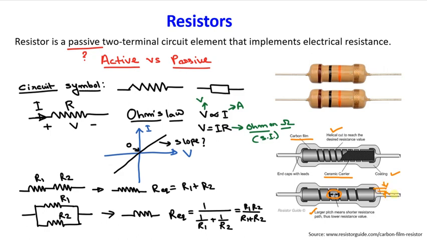Not only this pitch width, but also the thickness of this carbon film and its composition will also determine the value of resistance of this resistor, right? So now you know how these carbon film resistors are actually made, isn't it?